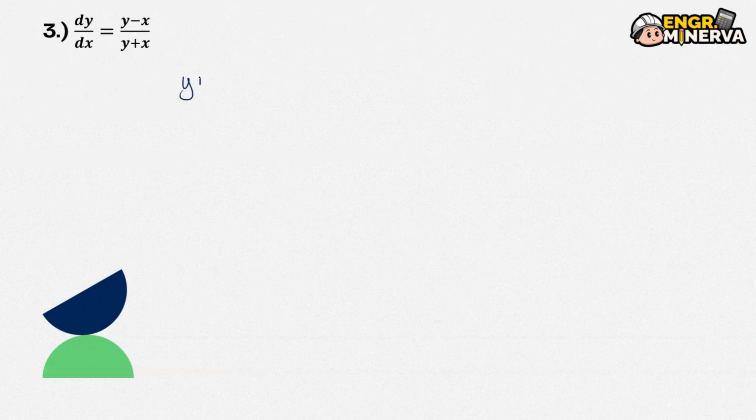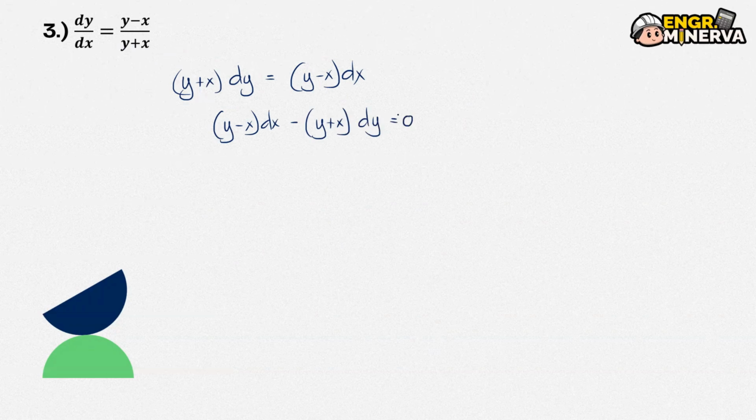That would be y plus x dy equals y minus x dx. Again, what I would want to do is to put the dx first. So this would be y minus x dx minus y plus x dy equals 0.